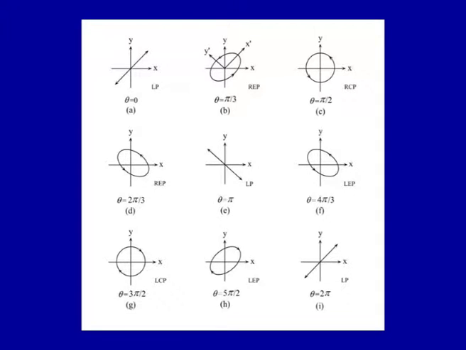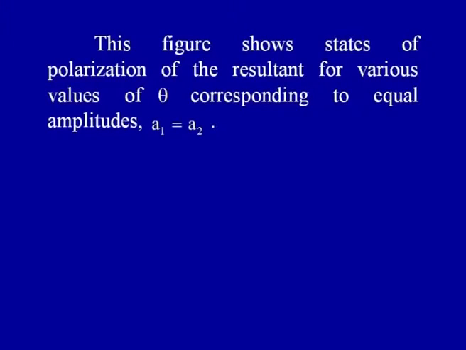This figure shows the resultant for different values of theta: theta equal to 0, pi by 3, pi by 2, 2 pi by 3, theta equal to pi, 4 pi by 3, different values up to a value of 2 pi, a complete range of theta varying from 0 to 2 pi, corresponding to the simpler case when the amplitudes are equal, A1 is equal to A2. We shall consider these cases in a little more detail.